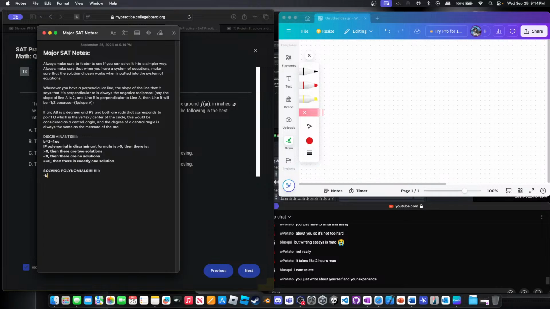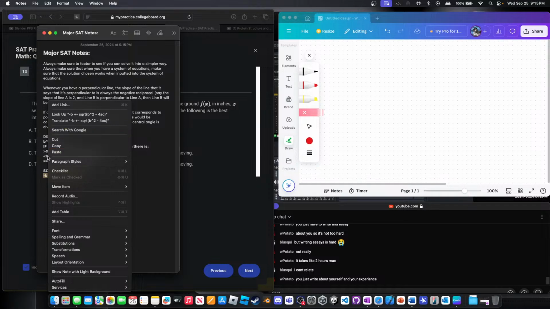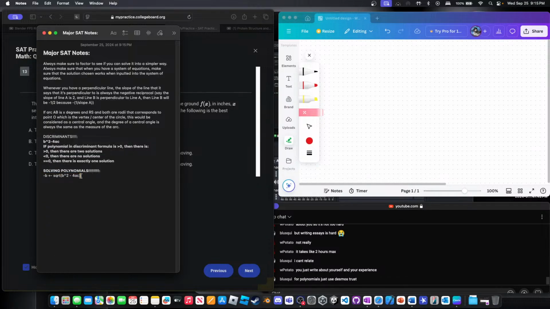So it's going to be negative b plus minus the square root of b squared minus 4ac, over 2a.